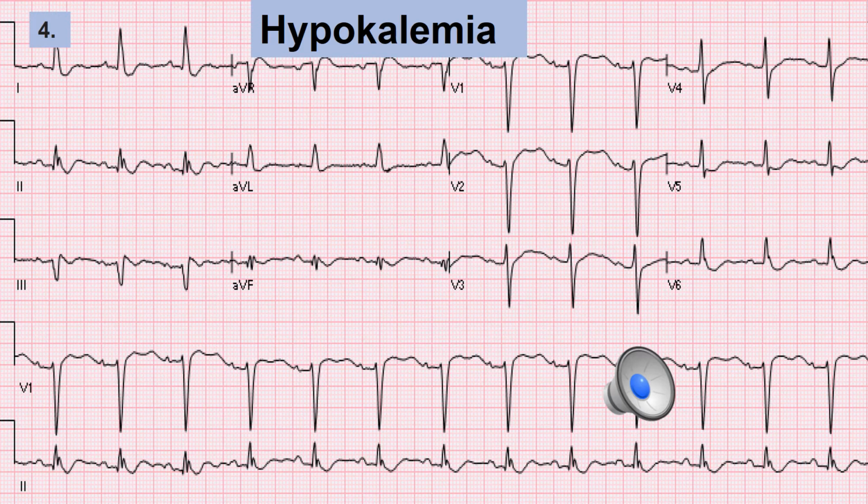You can also definitely see the ST depression. And the P wave is definitely a little bit peaked on those ones as well. So again, what we're looking for in hypokalemia is peaked P waves and that TU wave merged along with a depressed ST segment. So number 4, hypokalemia.